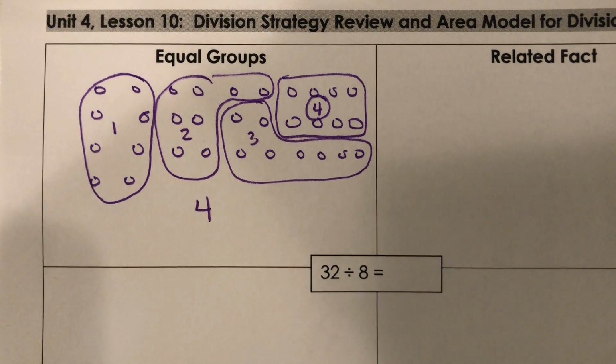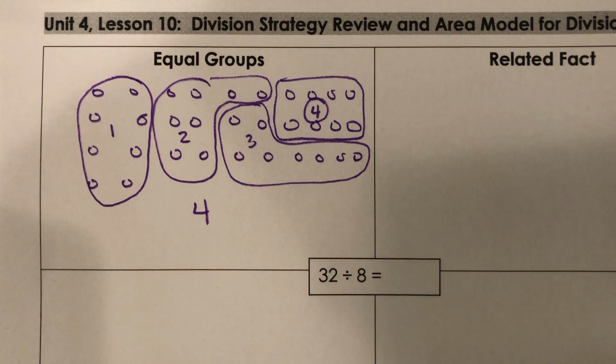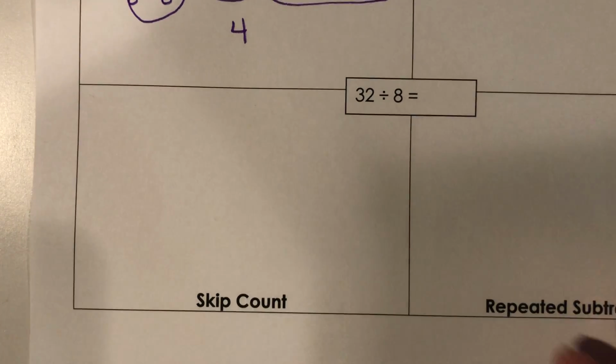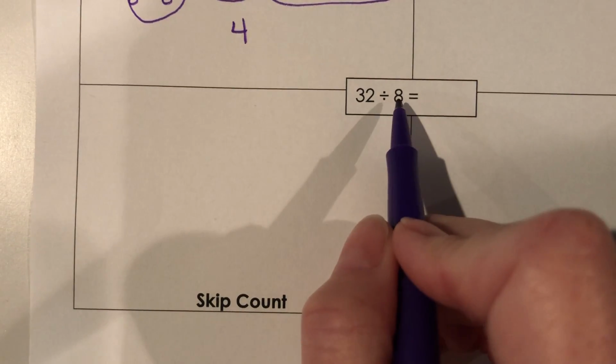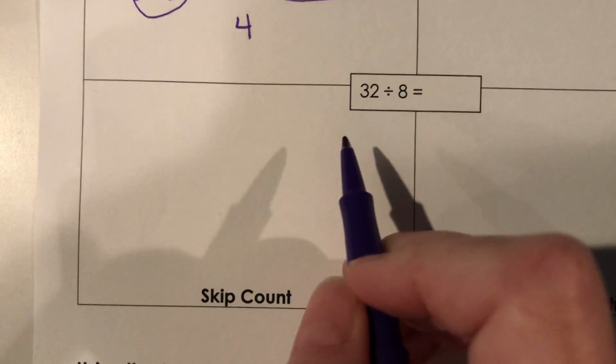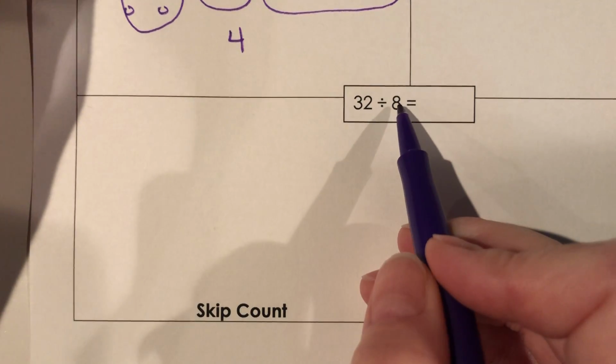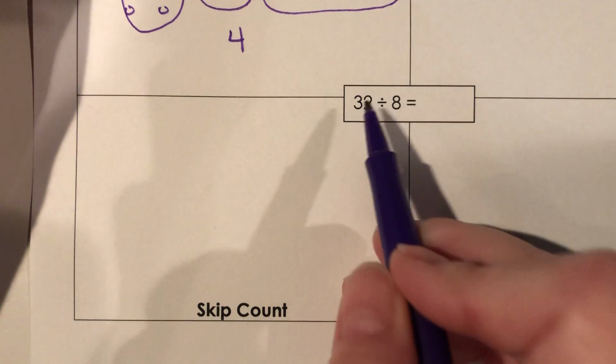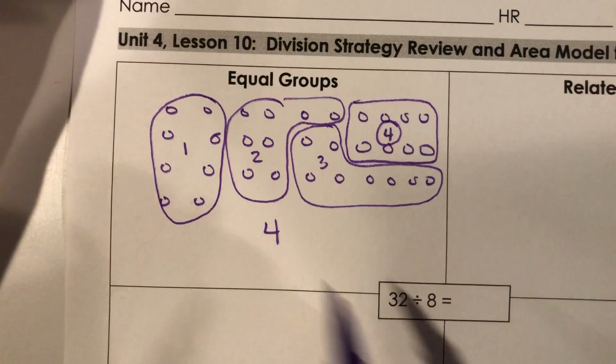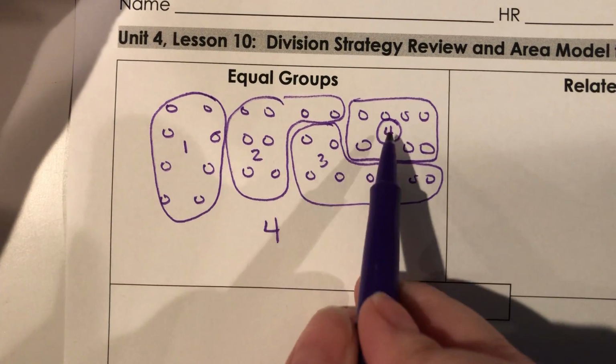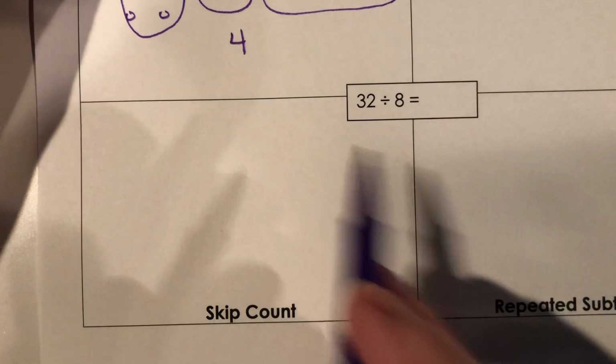That was one strategy that we learned. We also learned that we could skip count by the number we're dividing by. So in 32 divided by 8, I want to know how many times it takes, if I count by 8, to get up to 32. And that's kind of similar to this, right? Except we're going to count up to get to 32.